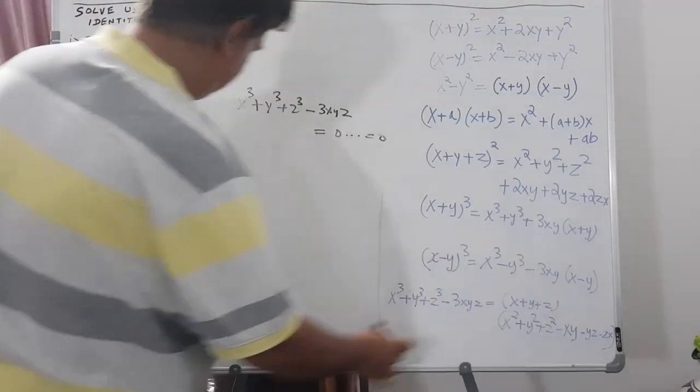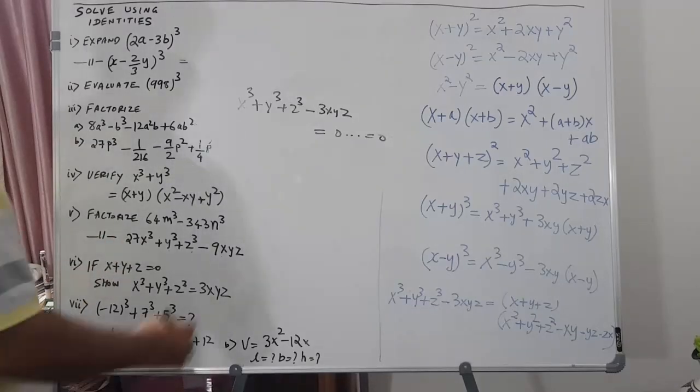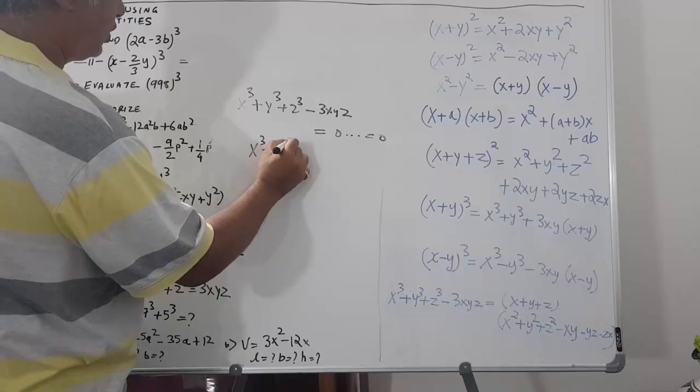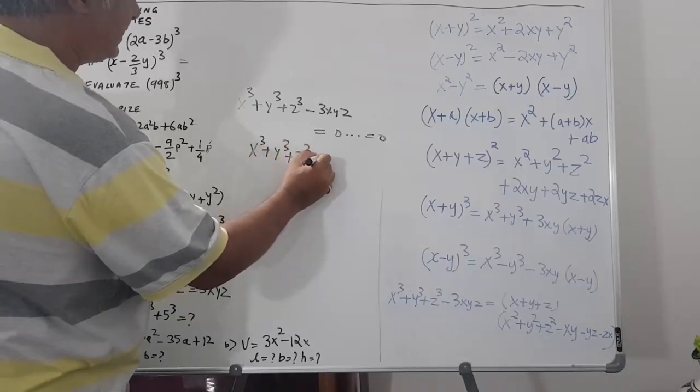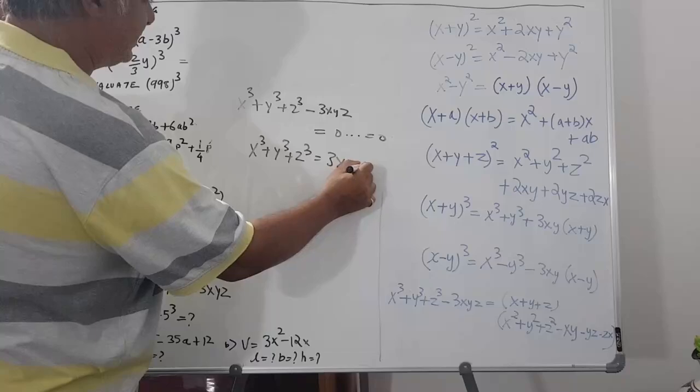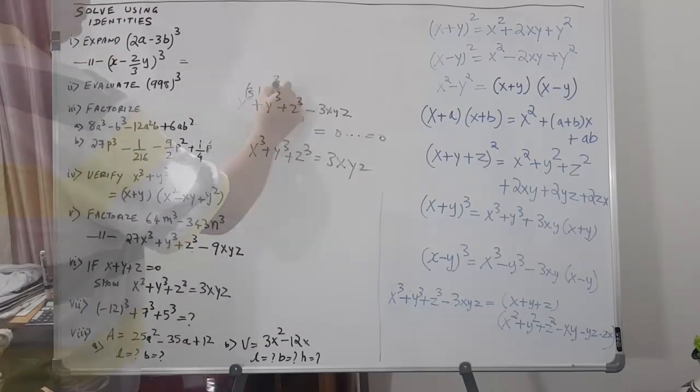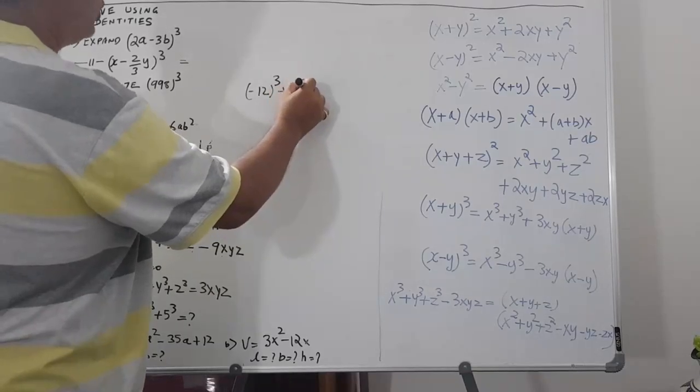Because x plus y plus z is 0 as given here. So you take 3xyz that side, you will get x cube plus y cube plus z cube is equal to 3xyz.